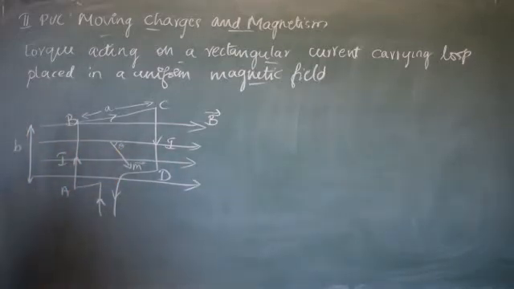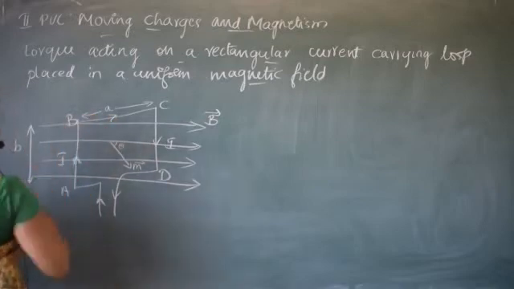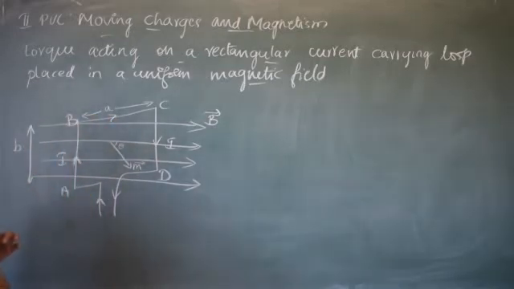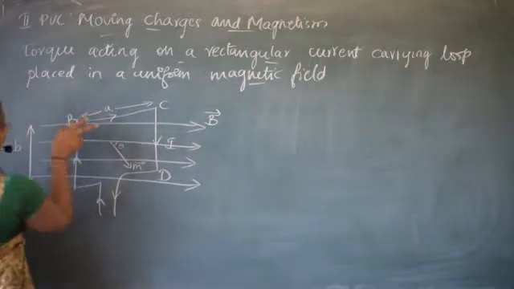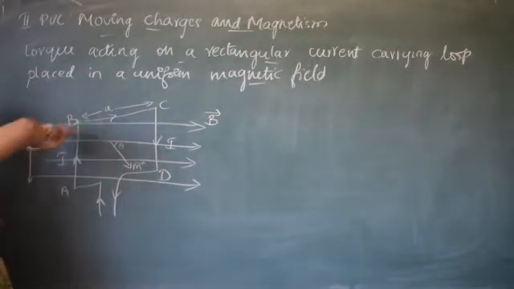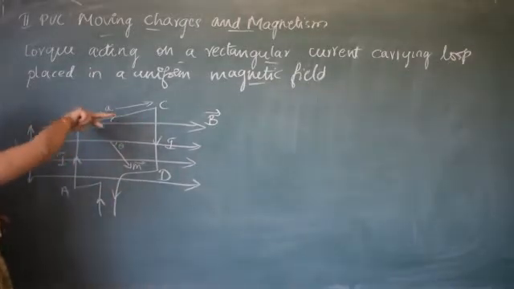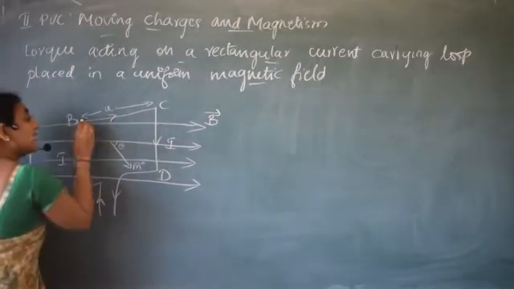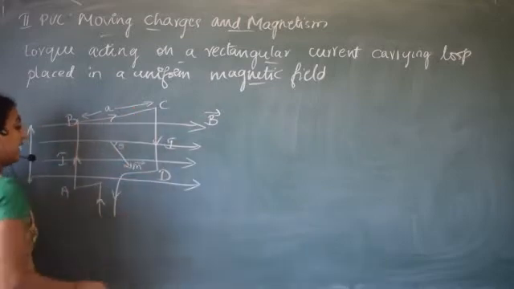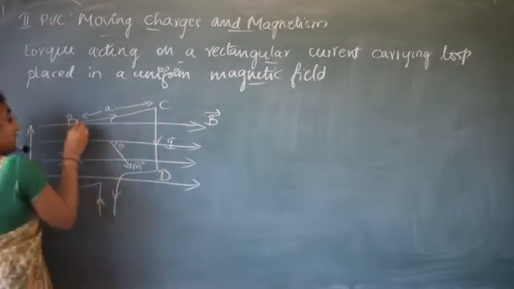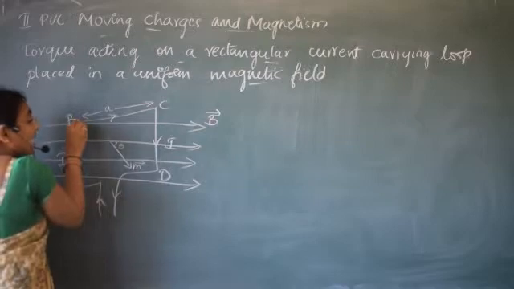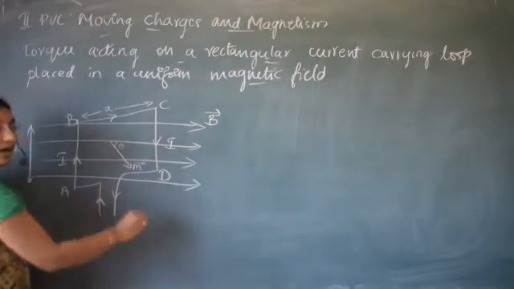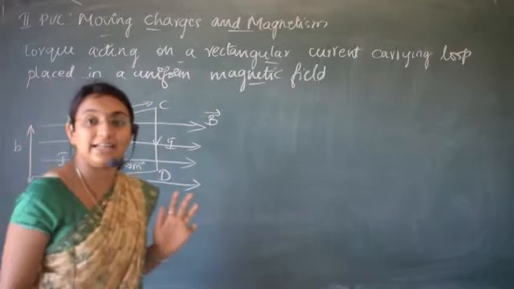Now, the next thing we have to do is, see here, using Fleming's left hand rule, we can say which is the direction of the force. This is the direction of the current, this is the direction of the magnetic field, correct? Then the force is this way. So the forces acting on the arms BC and AD are equal and opposite in direction.